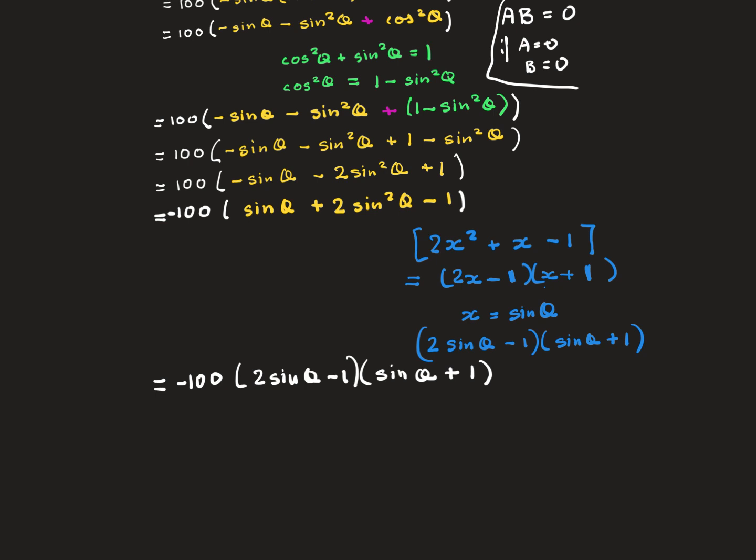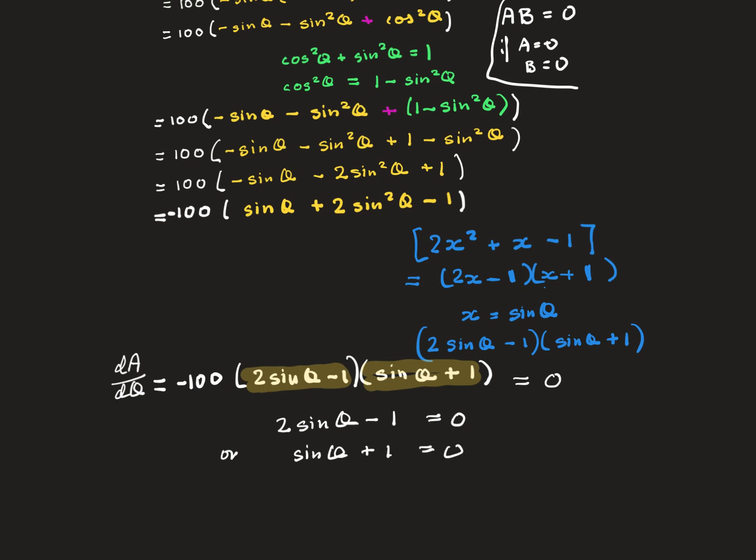And now we have it in the form of A and B. So we can now say that dA over d theta, and we can make that equal to 0, because if 2 sine theta minus 1 is equal to 0, or sine theta plus 1 is equal to 0.